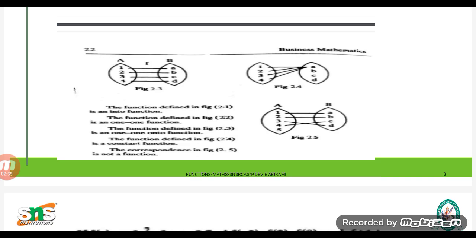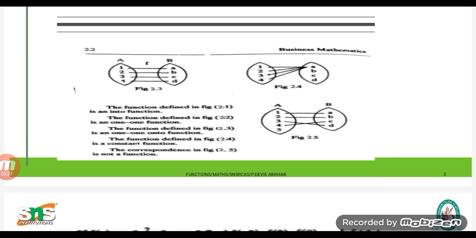Next, my third diagram, if all the elements in A and B are assigned, then the function is said to be one-to-one and onto. Both the conditions are satisfied. And in my fourth figure, all the elements in capital A are assigned to only one element in capital B. This kind of function is said to be a constant function, that is, assigning the function to a constant value.